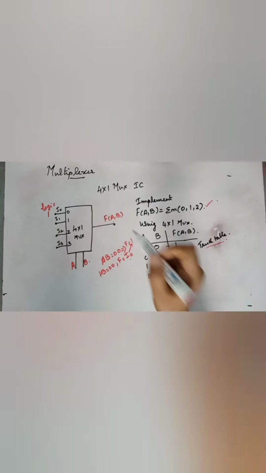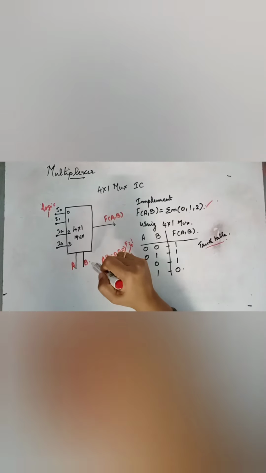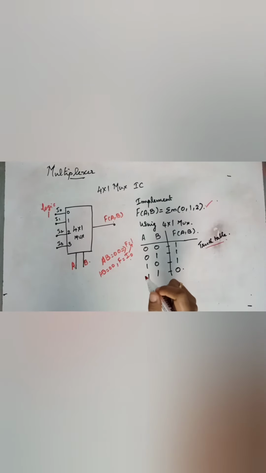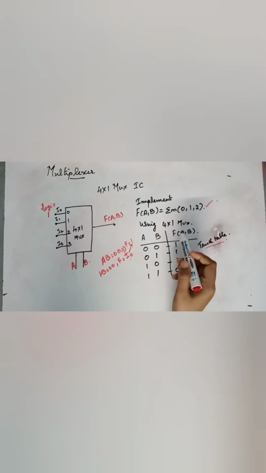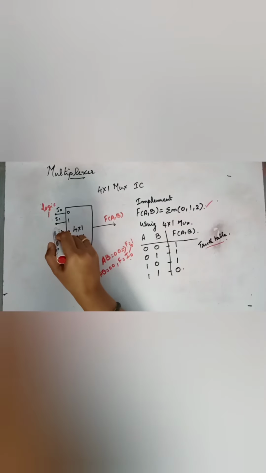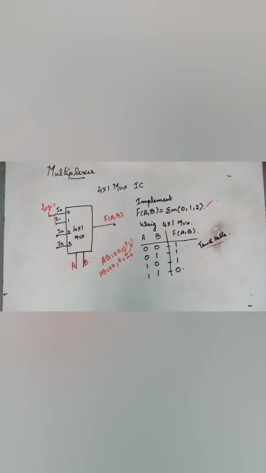Now if AB is equal to 0 1, then what should F be? I1. And according to our question, what should F be? Again 1. So what should you give to I1? Again I should give a logic 1. So I0 and I1 should be given a logic 1.